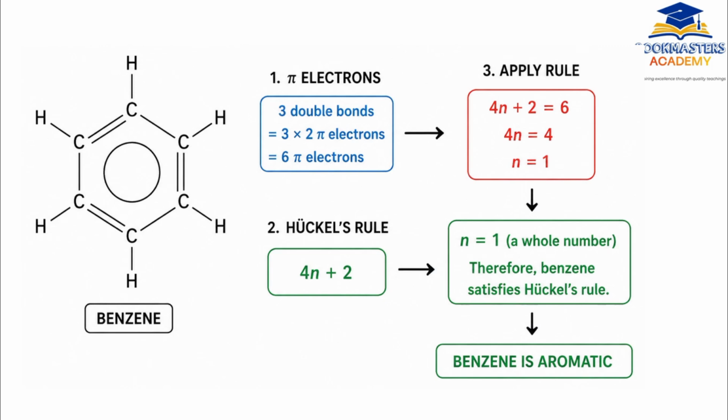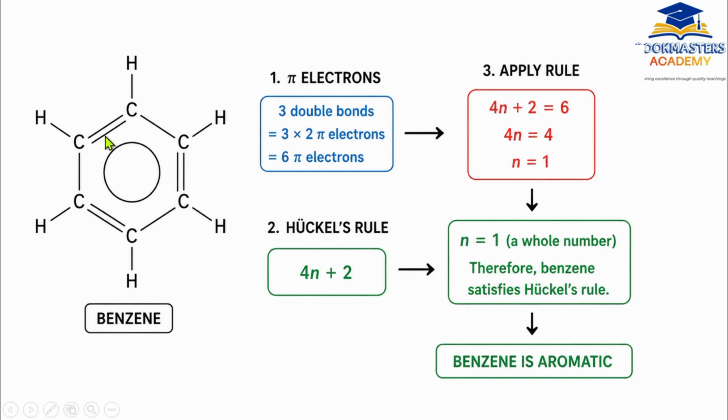So what it says is that for you to use this equation, if you're given a compound or molecule and you want to check if this fourth rule applies, you just check the number of pi electrons.